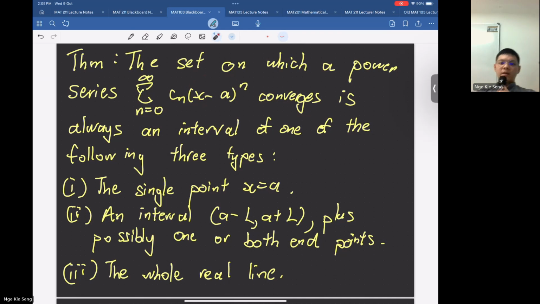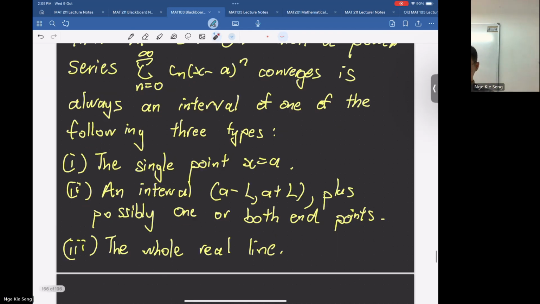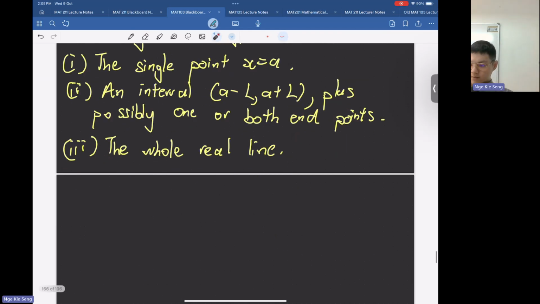So how do we determine the convergence of a power series? There's one test we used last time, which is the ratio test.